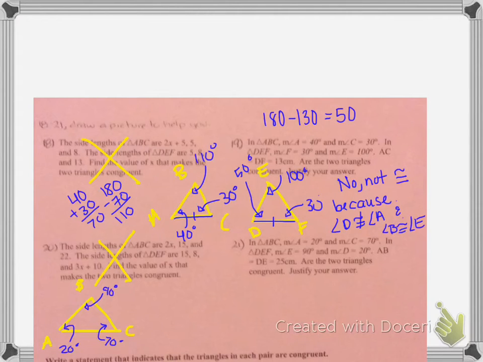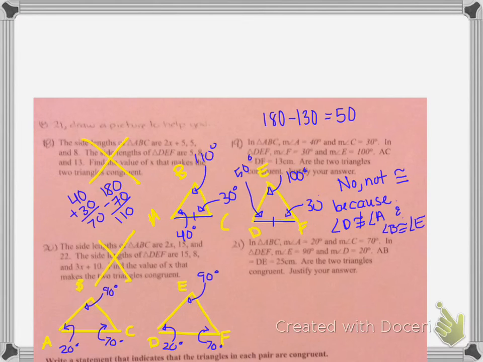Now, it gives us angle E in the other triangle, which is 90, so I can label that one. It also told us angle D was 20. In the second triangle, I can find the missing angle. Adding gives me 110, and subtracting from 180 gives me 70. So all the angles so far are congruent.